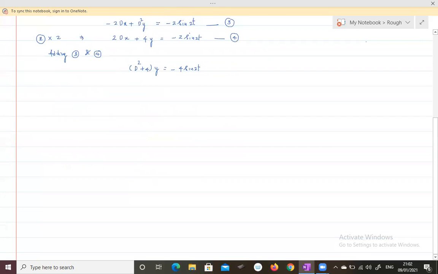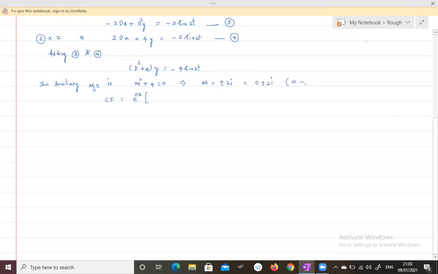First, let us take the auxiliary equation for this. The auxiliary equation is m square plus 4 equal to 0. So this will give m equal to plus or minus 2i. Here the roots are imaginary, that is complex. So the complementary function is e power 0x into, because this is written as 0 plus or minus 2i, alpha plus or minus i beta.